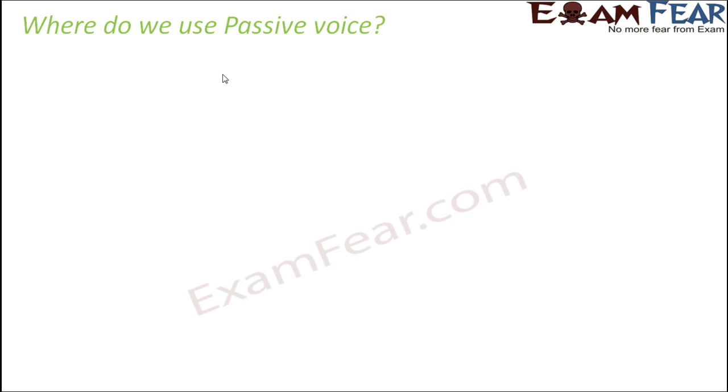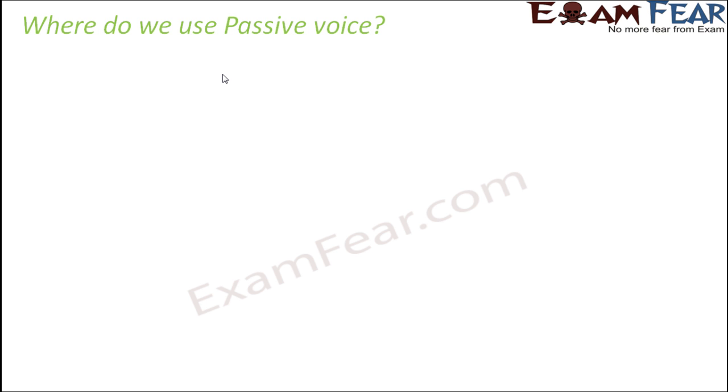Now, the active voice is used in most of the cases. Active voice is like the straightforward voice, where the statement in a straightforward manner tells you that the subject does something. The subject is doing the work. It is being told in the statement in a very straightforward manner. So that is active voice, and active voice is used in most of the cases.